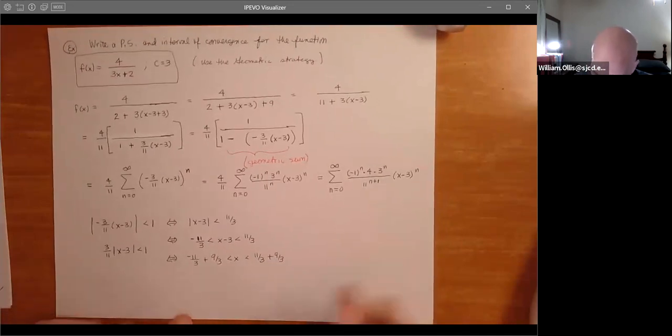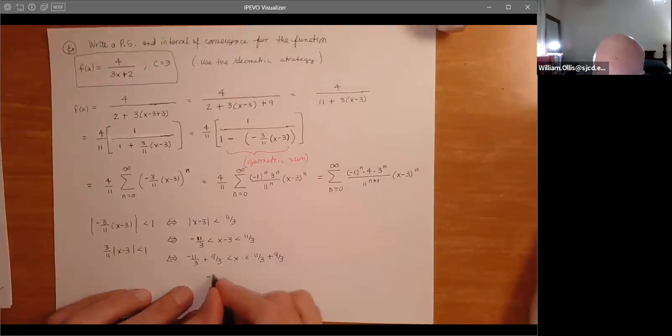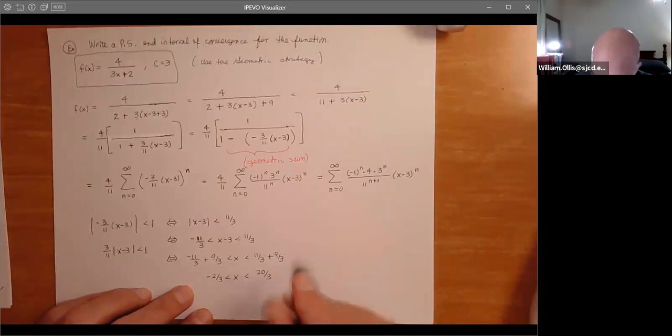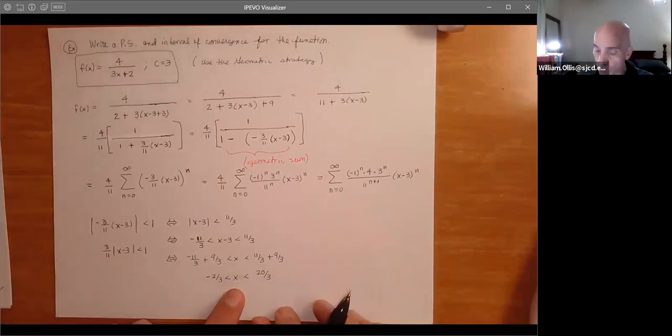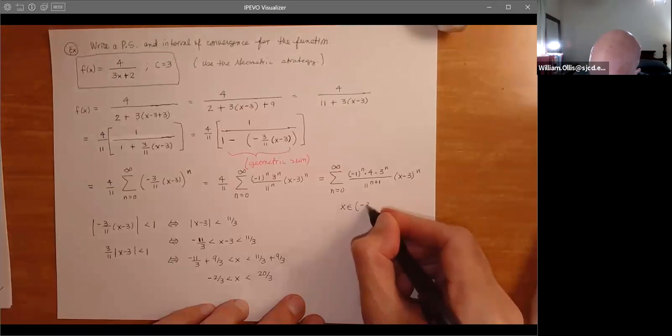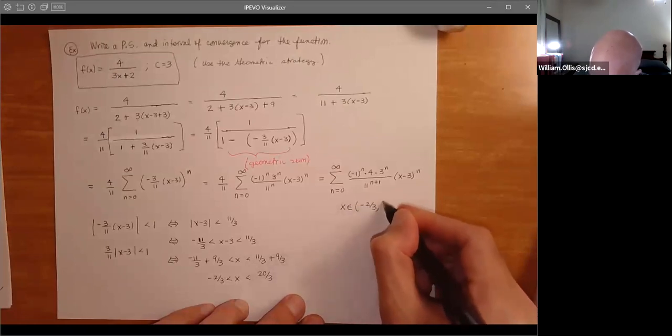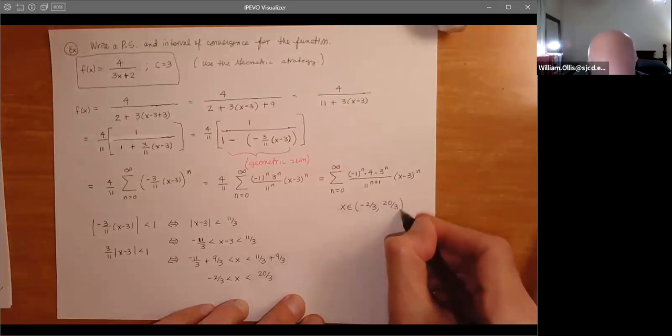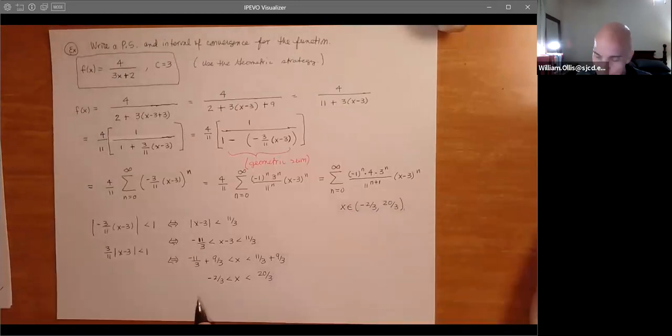So now, when we do the arithmetic here, we get -2/3 less than x less than 20 over 3. So this gives us the new interval of convergence. So now we can just go up here and say x is an element of (-2/3, 20/3).